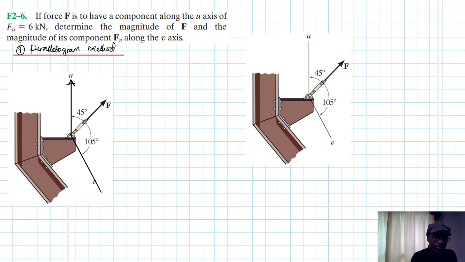So we have these two child vectors. Let's name them. This one is Fv, and this one is Fu. Mind you, Fu is already given.